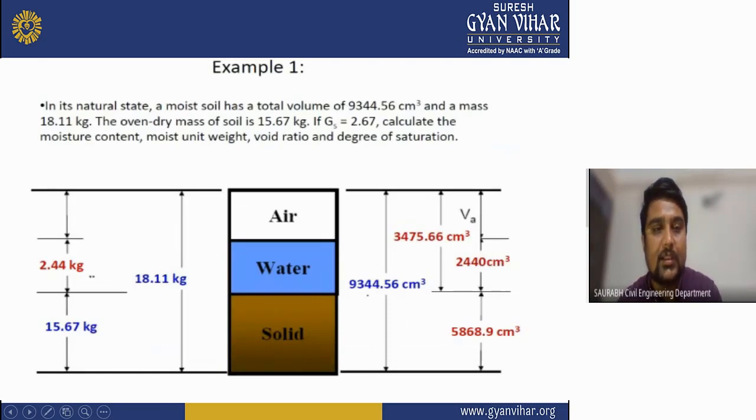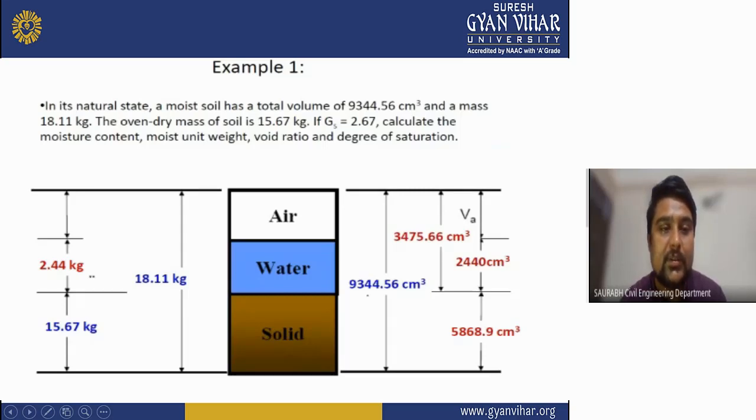Now we will see an example related to the three-phase diagram. The moist soil has a total volume of 9344.56 centimeter cube, and the mass given here is 18.11 kg.